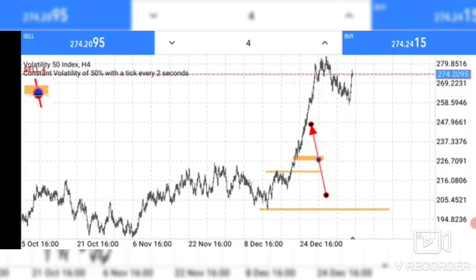If S is greater than 10, at least S should be greater than 10, then I'm not going to do the calculation.